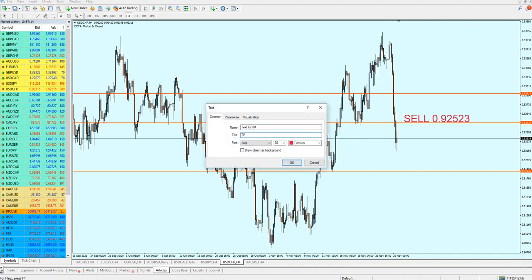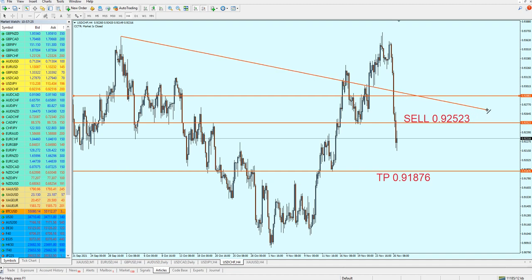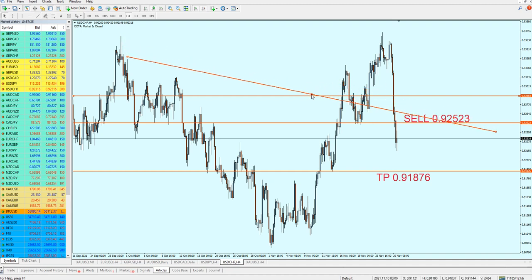So the take profit level is 0.91876. However, the safe zone should make sense as well. Since we are relying on that resistance trend line, if I drag it, yes, this was a support trend line and will become a new resistance trend line.